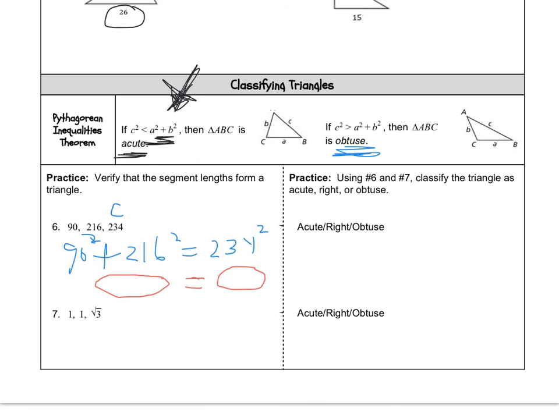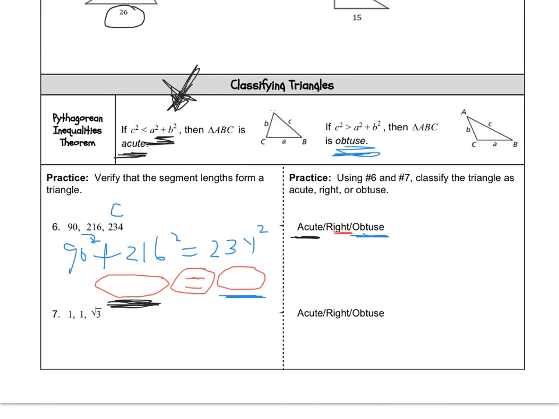Just remember, and I'm going to use colors, if this side is bigger, then that means it's an obtuse triangle. See how I underlined obtuse in blue? But if I add the two legs, supposed legs together, and this side is bigger, the a and b, then that means it's an acute triangle. But remember, if the two sides equal, then it's a right triangle.